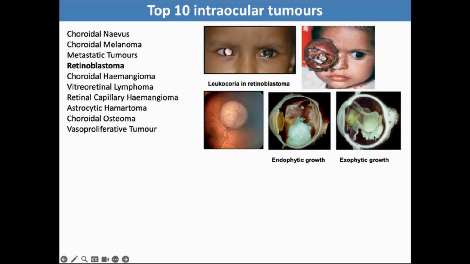However, if they grow, for example in this case posteriorly, then you see that the tumor is growing into the subretinal space.